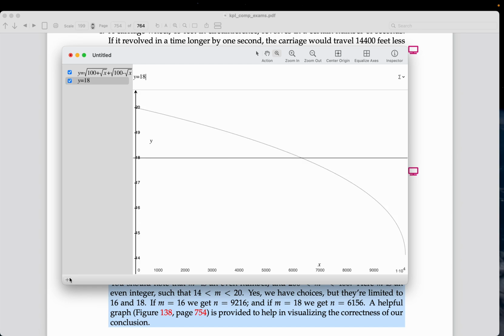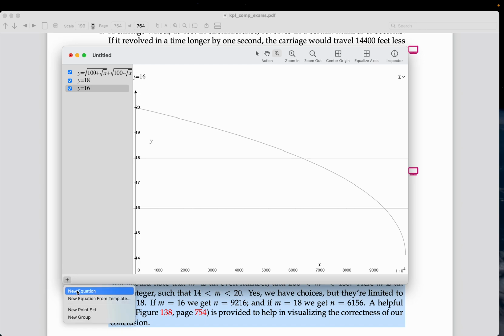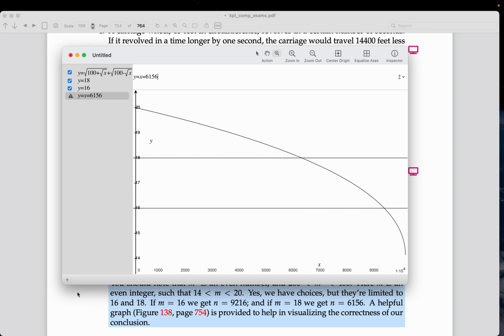I also went on to say y could have been 16. All right, I'll put this over here. And I claimed that these would produce integers, and the question is what integer they produce. Let's go back over here, a new equation. The integer it produces was x equals 6156. We actually went through this before, by the way.